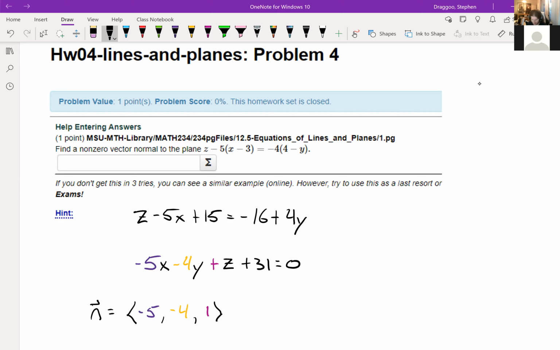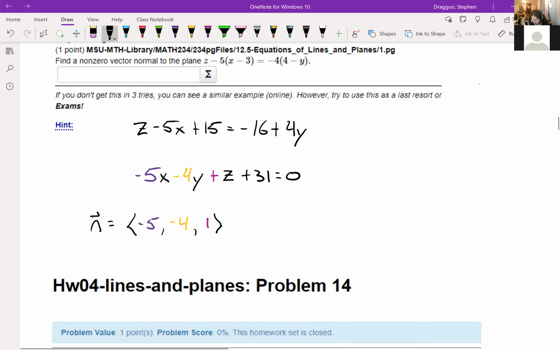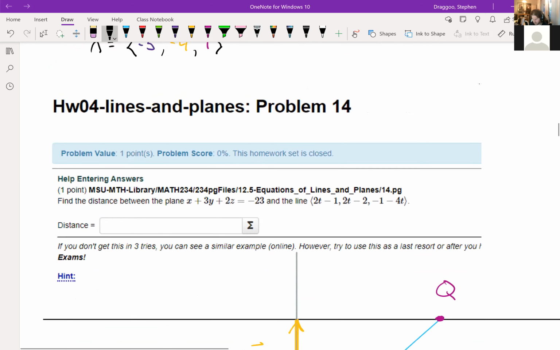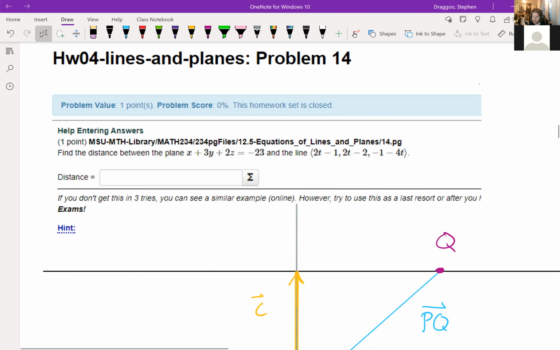That line does not lie in the plane itself because it's going to be orthogonal to the plane. So again, the big idea is just that vectors parallel to the normal vector are not parallel to the plane. They're perpendicular to the plane.